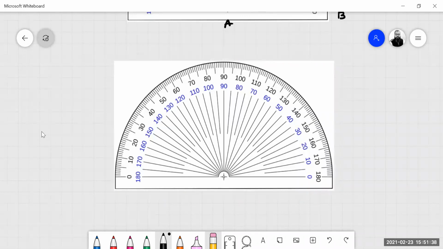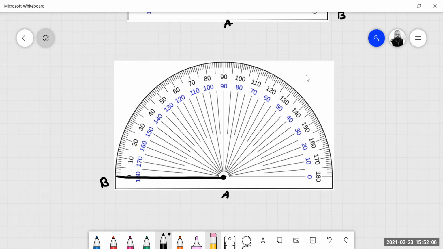See, if you start from this side and the point is here, now B is here, A is here. Now 0, 10, 20, now we are measuring this upper value, black digits. If we move from right to left, blue digits. If we move from left to right, black digits.